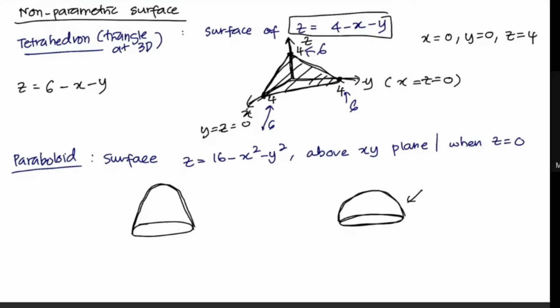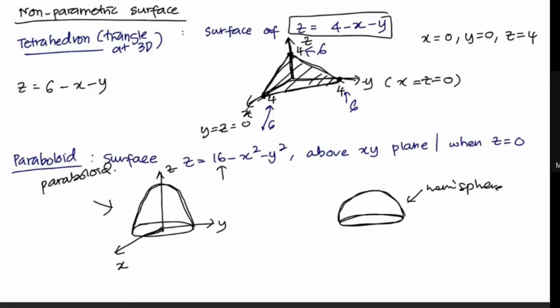Okay, this is hemisphere, but this one is paraboloid. It is a bit more elongated. x, y, z. So the radius here refers to this one. The radius equal to 4, above xy plane. Okay, if the question states that z is between 0 to 6, then the end here equal to 6.